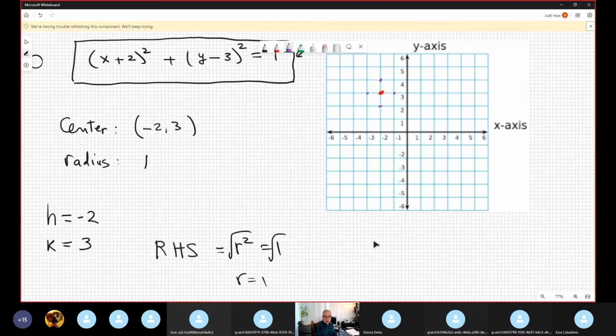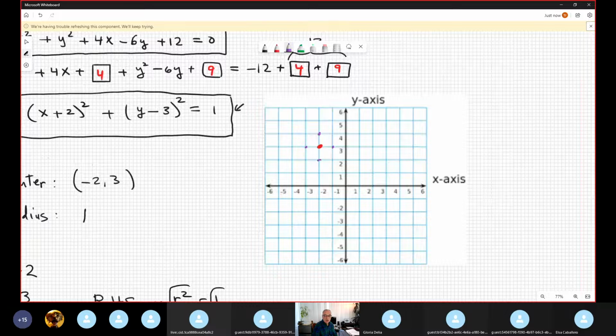For curiosity, this point would be minus 2, 4. Let's see, 1, 2, 3, 4, yeah. This point would be minus 2, 2. Yes or no? This point would be negative 1, 3.